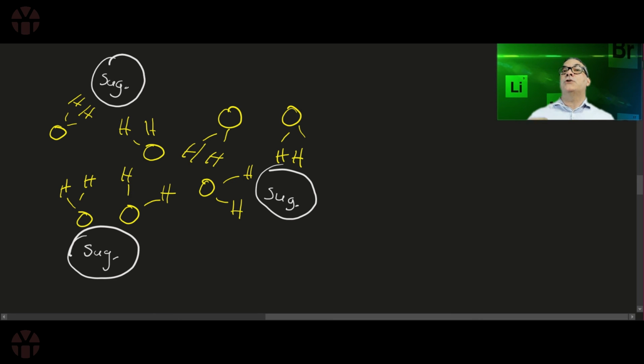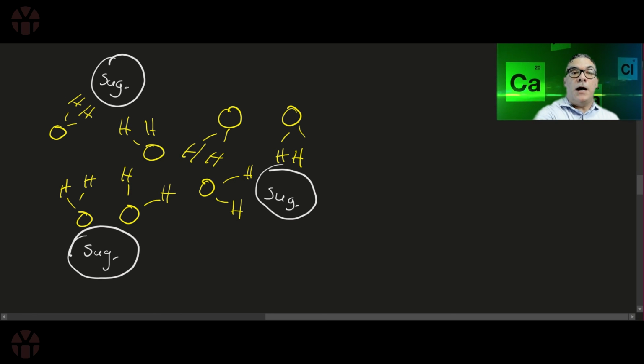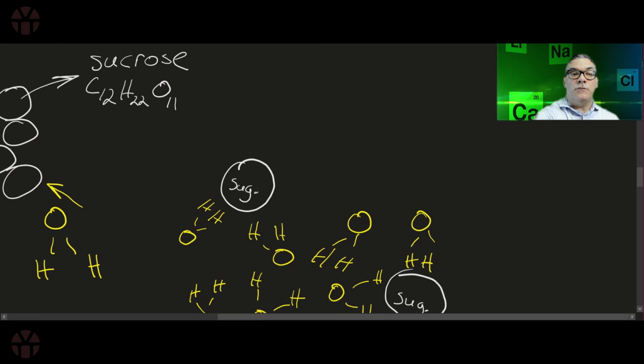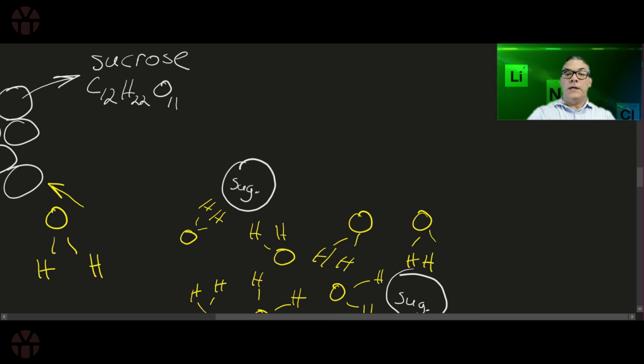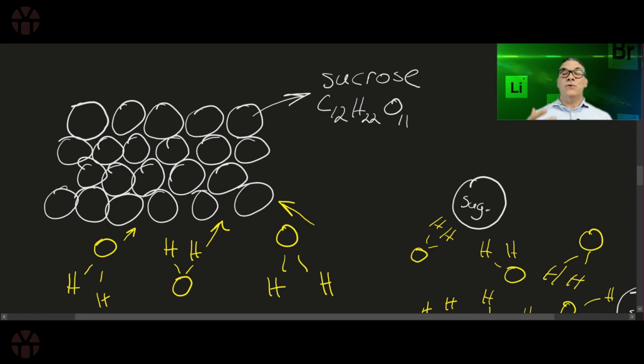We would say that the sugar has dissolved, and it has dissolved because every single molecule is still my original C12H22O11. It doesn't alter the molecule itself. And so it is this distinction between dissolution and disassociating, right?